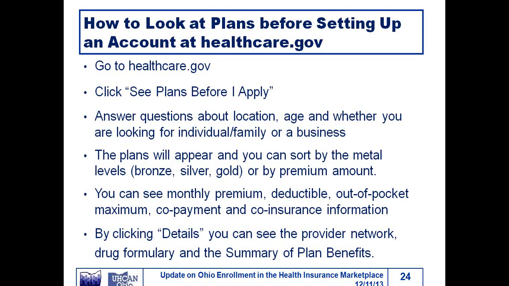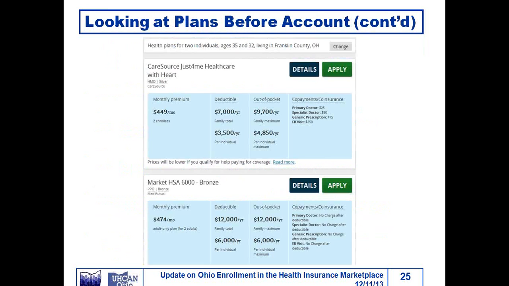Then the plans will appear, and you can sort them by the metal levels, like bronze, silver, gold, or you can sort them by premium amount. And you can see the monthly premium, deductible, out-of-pocket maximum, co-payment, and co-insurance information right there on the screen. And then there's a place where it says Details, and by clicking Details, you can see the provider network, the drug formulary, and the summary of plan benefits.